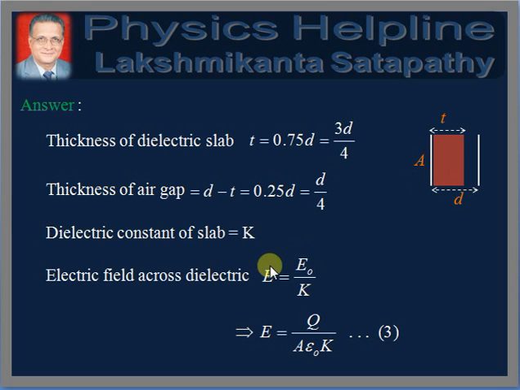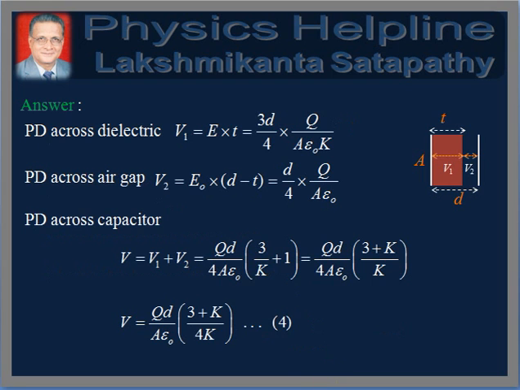Now, the dielectric constant of the slab is equal to K. It is given in the question. Therefore, electric field across the dielectric is given by E is equal to E0 by K, because electric field is reduced by a factor of the dielectric constant. Therefore, putting the value of E0, we get E is equal to Q by A epsilon 0 K.